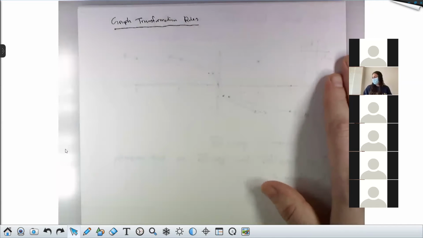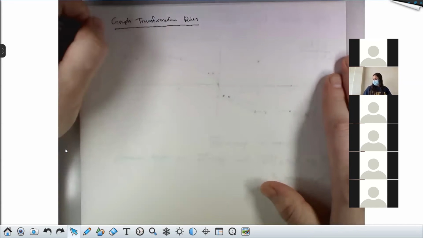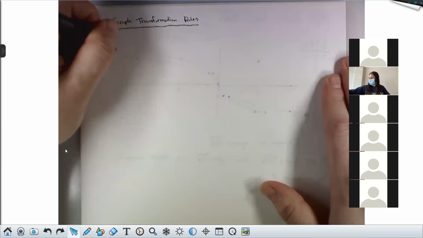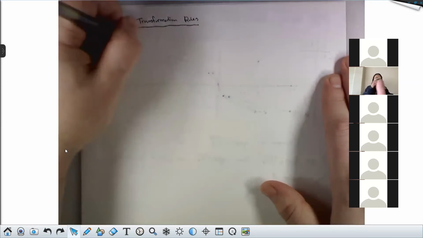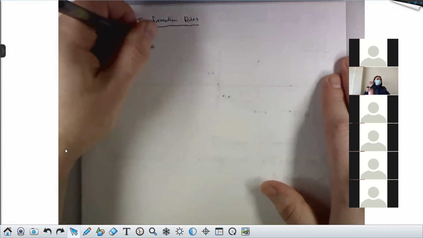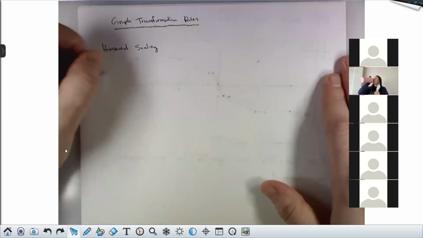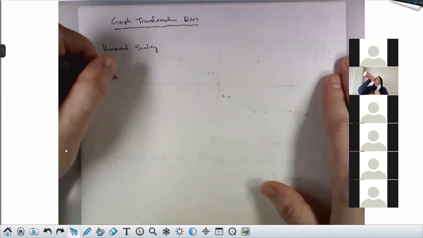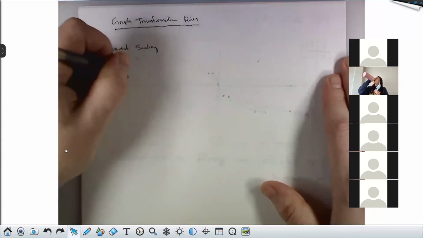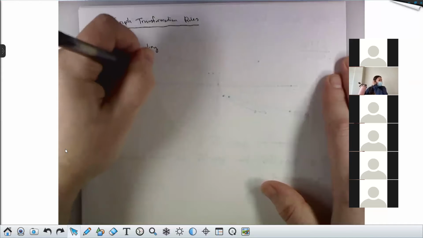All right, remember we've got kind of 2 categories. Horizontal stuff. We have horizontal scaling and horizontal shifts.